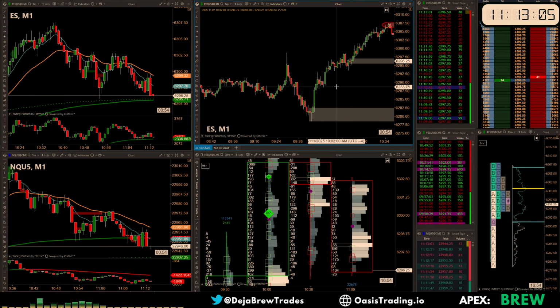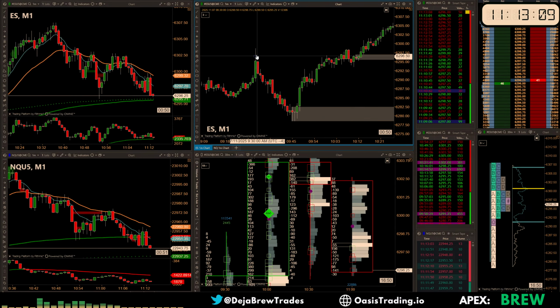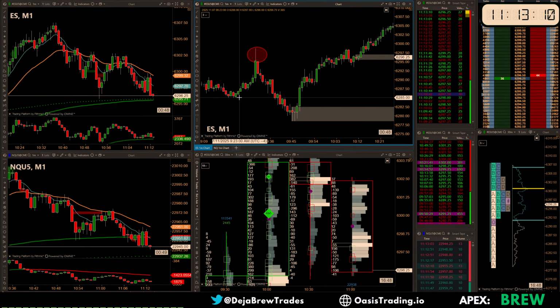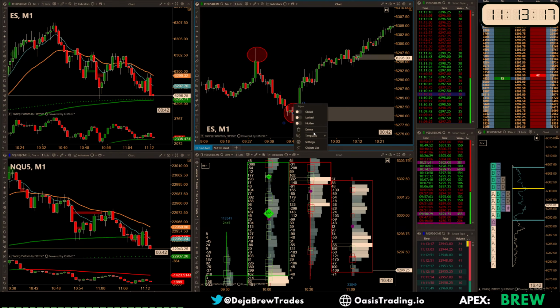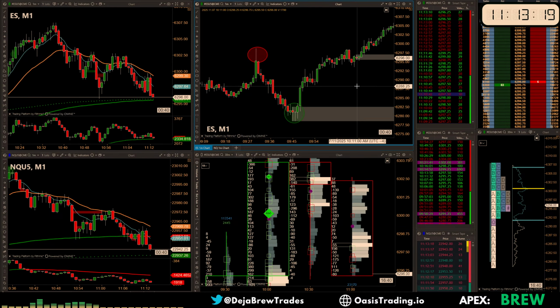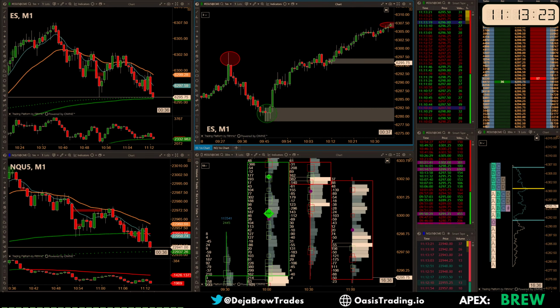I forgot to mark out all these positions today. There was a morning sweep here. What did we have at the bottom? There was like a bull div there or something like that. There was something happening down there. I can't remember what it was. I believe it was a bull div.